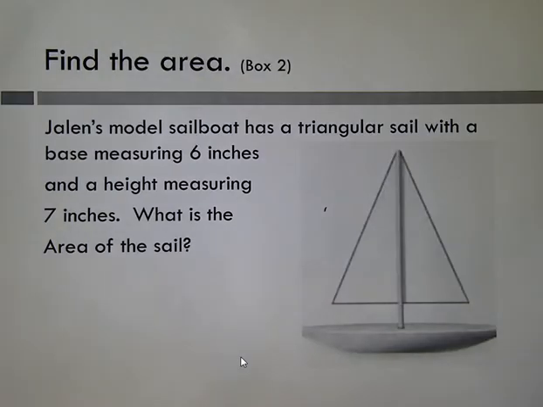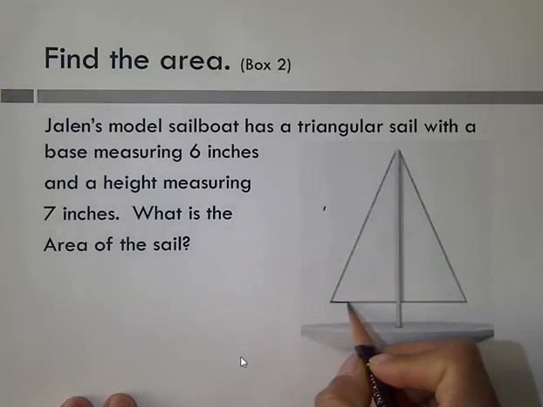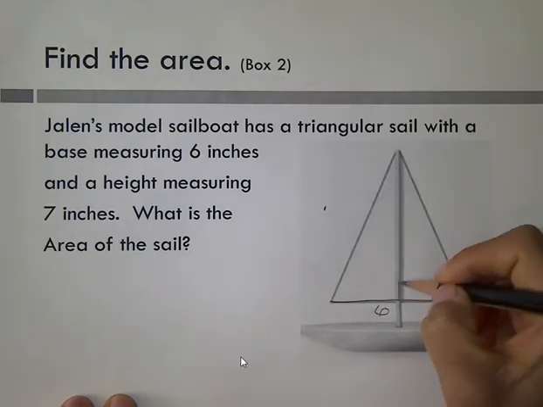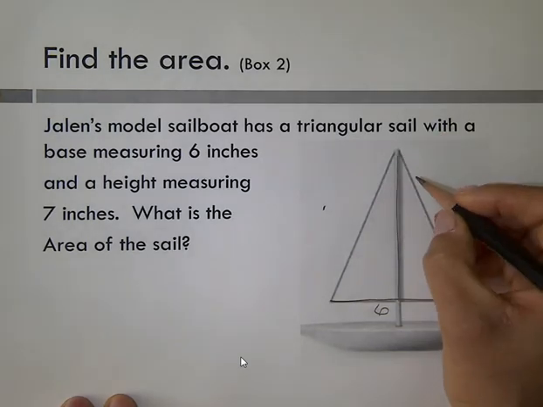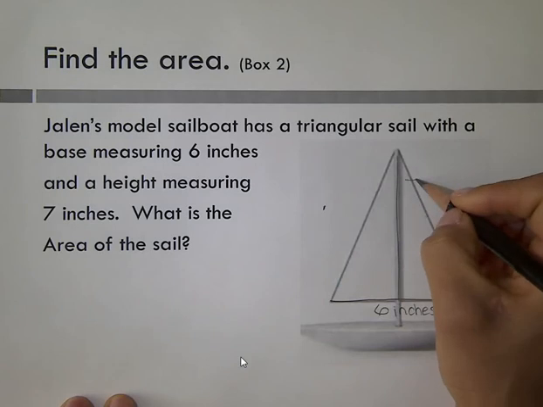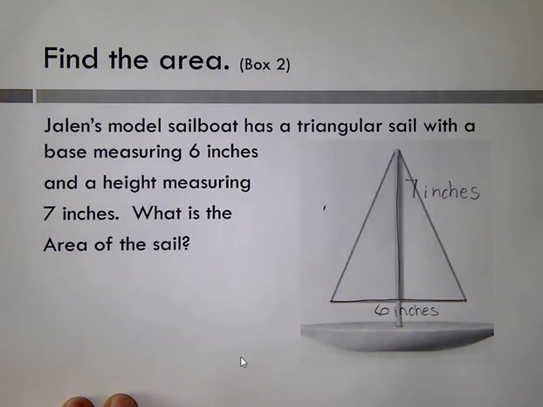Find the area. Jalen's model sailboat has a triangular sail with a base measuring 6 inches and a height measuring 7 inches. What is the area of the sail? So if I know the base is 6 and the height is 7, I use my formula to find the area of the sail.